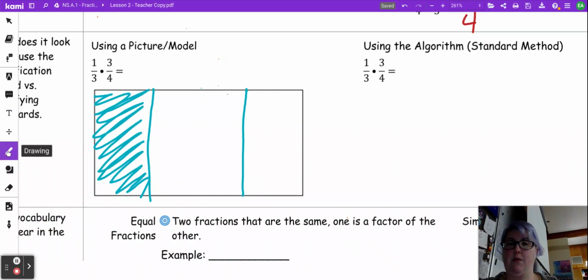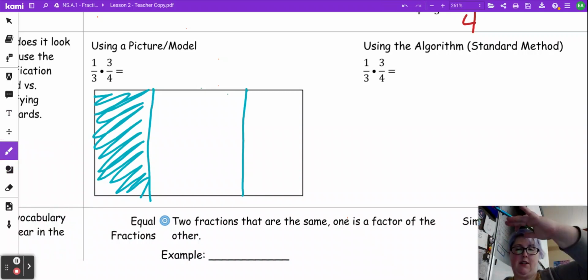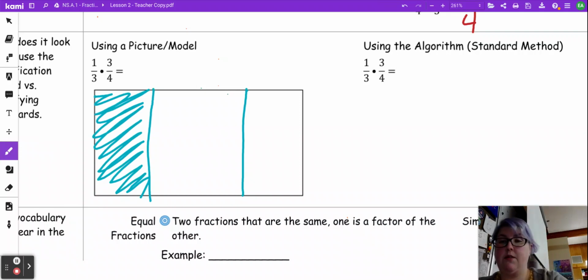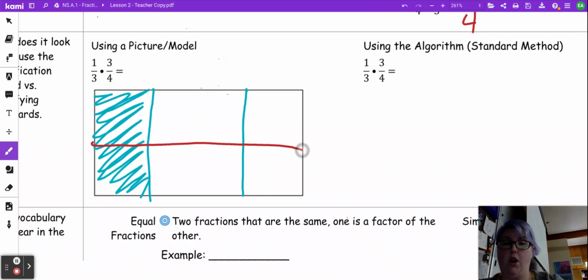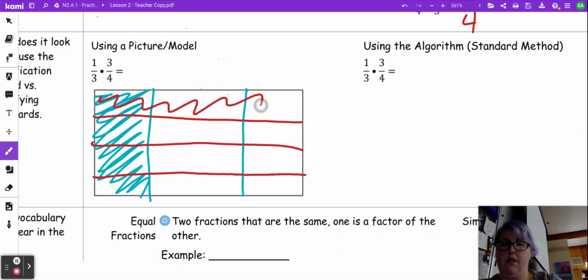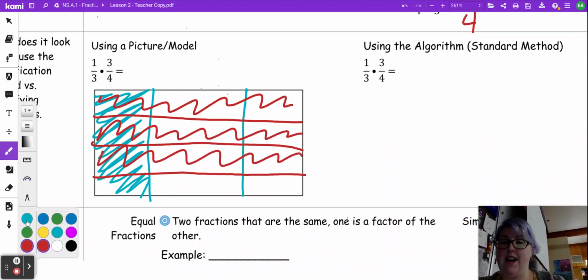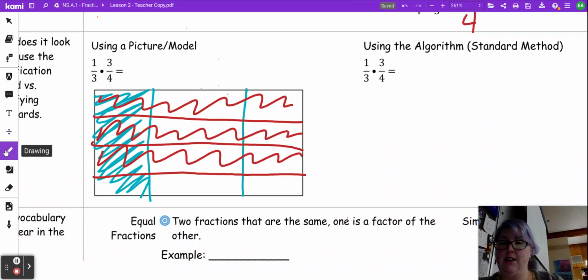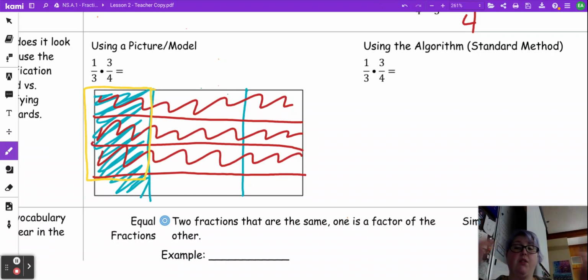The next thing that we do, we are going to turn our lines horizontally. We're going to divide the box into 4 across. And then we're going to shade in 3 of those. This is where, folks, color is really helpful for my brain because now I can see that I have exactly 3 boxes where both colors overlap.